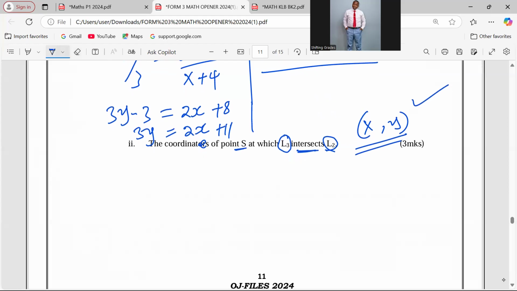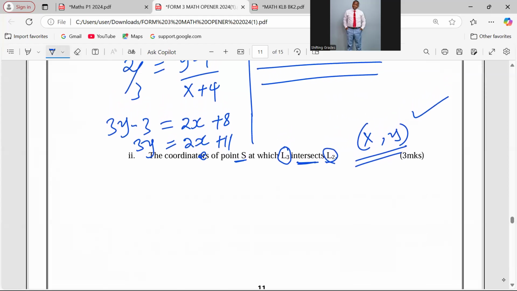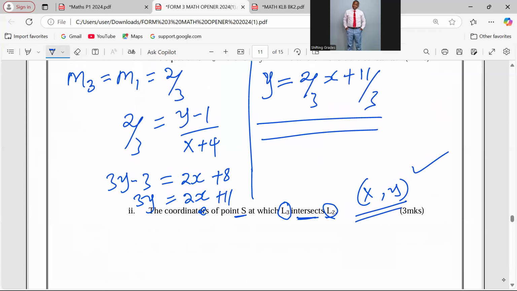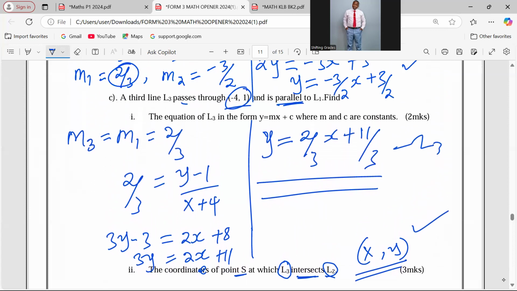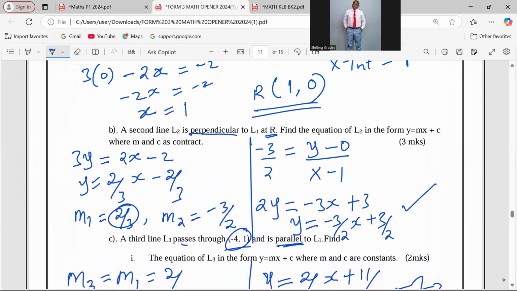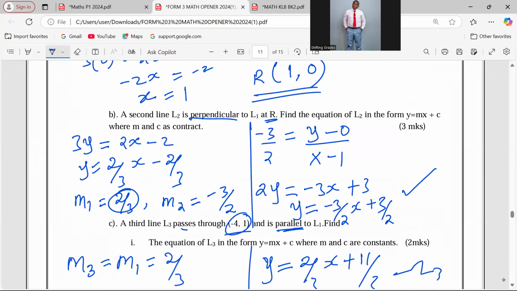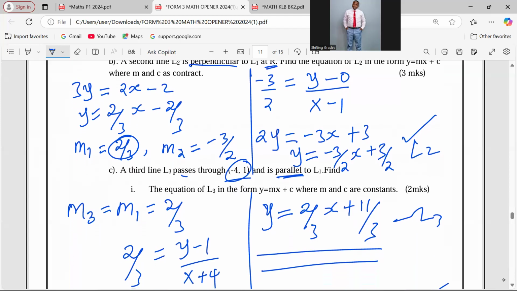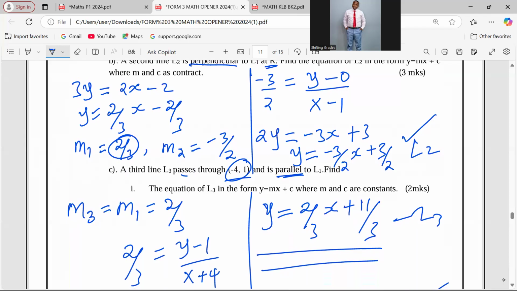So let's look at the simultaneous solution of L3 and L2. L3 is already up here. What about L2? The equation of L2 is also here. So y has been expressed and y has also been expressed.